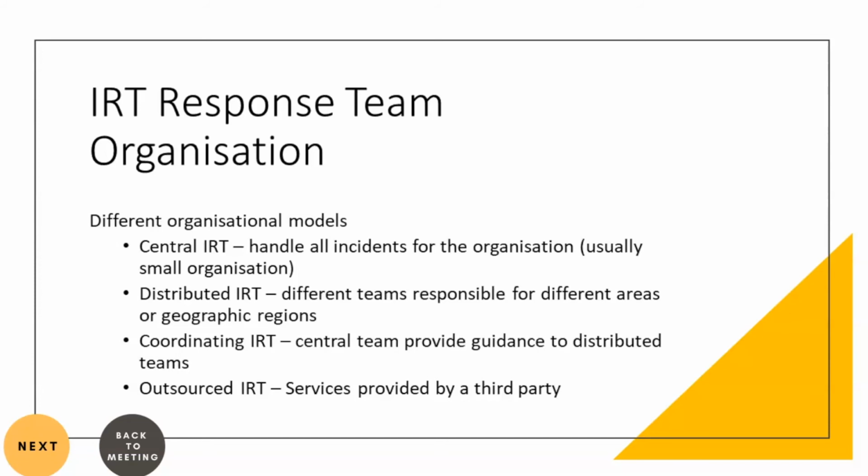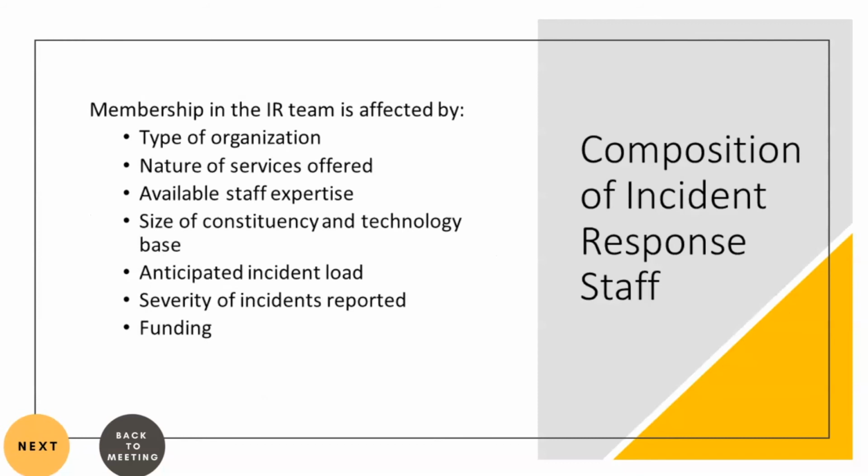This modeling of the incident response team will depend on important factors, like the type of organization we are working in, the nature of the services it is providing, available expertise within the staff itself, or whether we need to hire more expert staff from outside, the size, contingency and technology base we have, the anticipated incident load, the severity of the incidents reported, and ultimately the most important one, the funding we have for that. So these are some of the factors on which we decide the model of the IRT team in our organization.